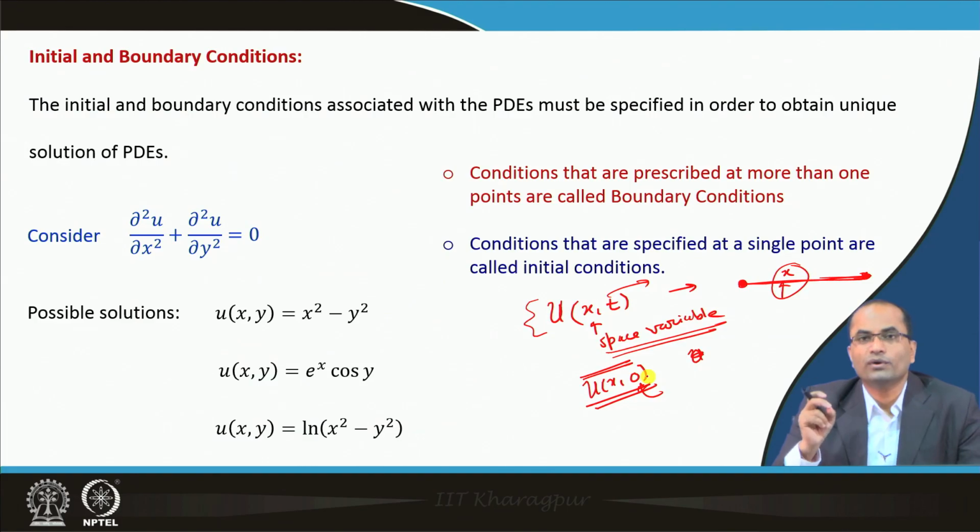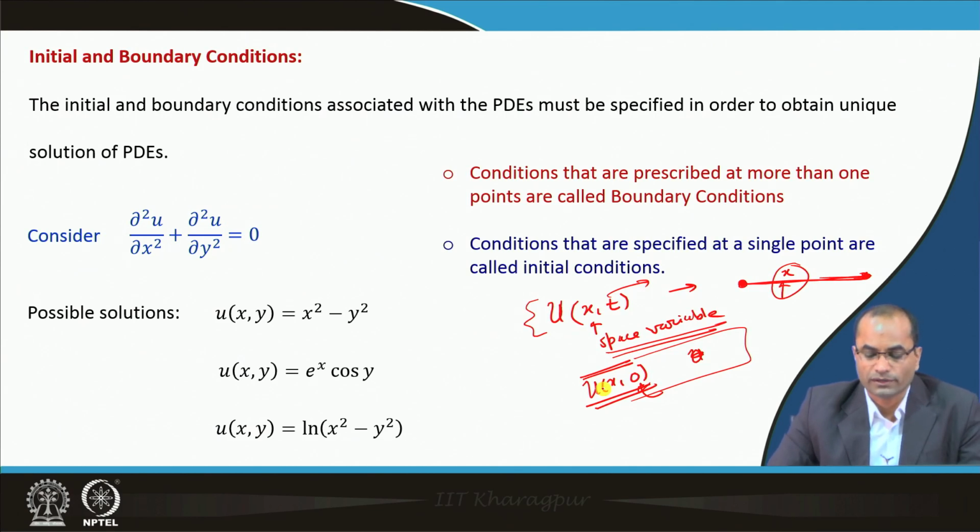So, at the same point, at t equal to 0, there could be many conditions depending on the order of the differential equation, but these are usually called the initial conditions. At initial time we have prescribed the profile of the temperature in the body.